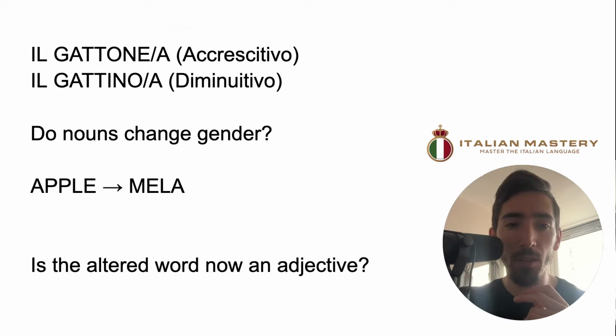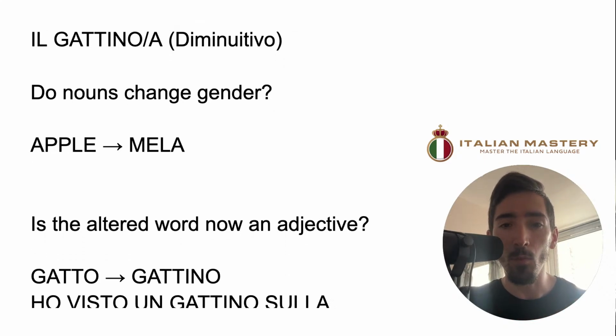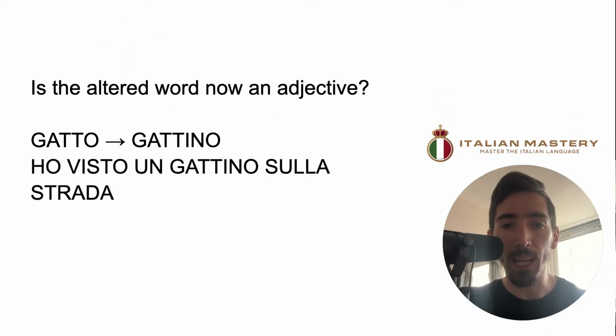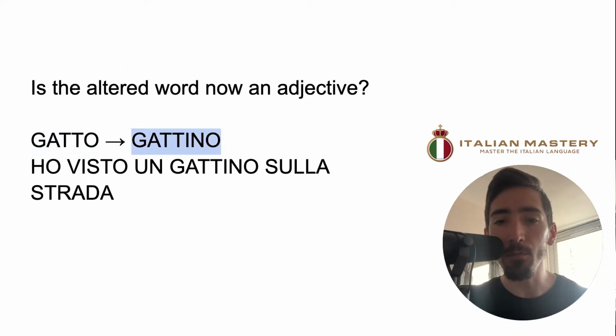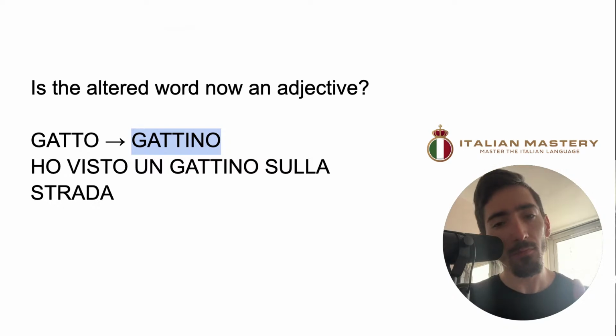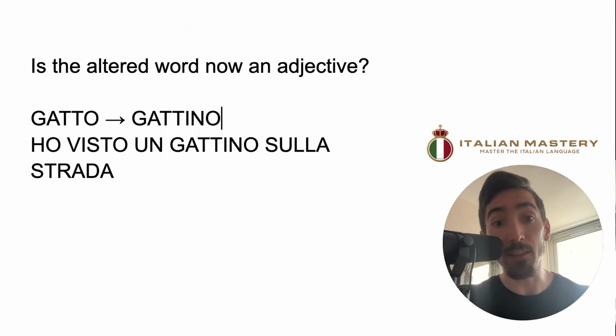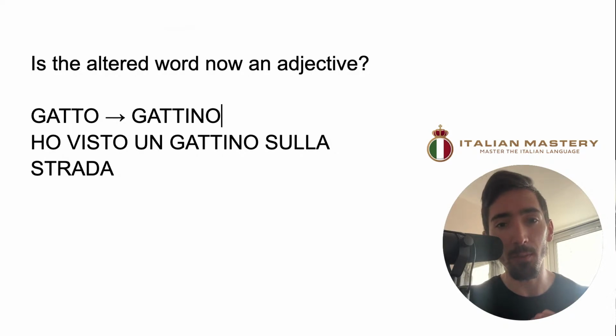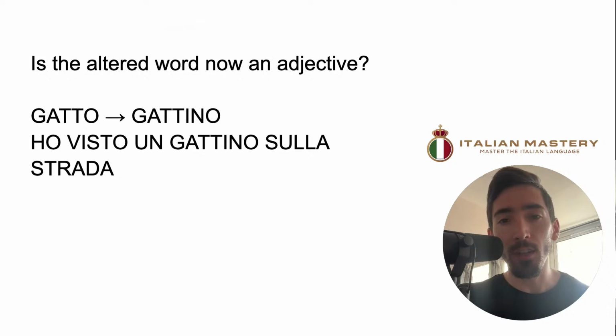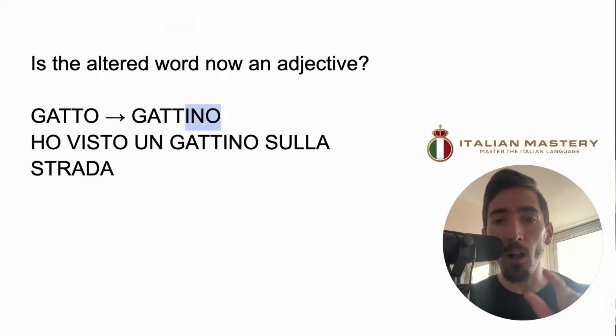But it's not an adjective. So this is important. When we go from gatto to gattino, regardless of the gender that we choose, if we can choose, right? In the case of cat, we can choose because it's a domesticated animal. Then INO, or the altered ending, follows suit with the gender in question and the number.